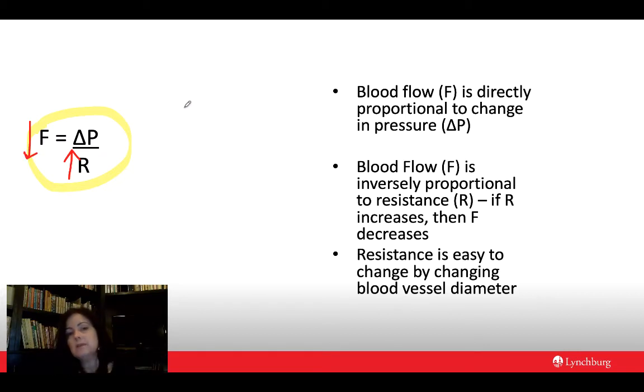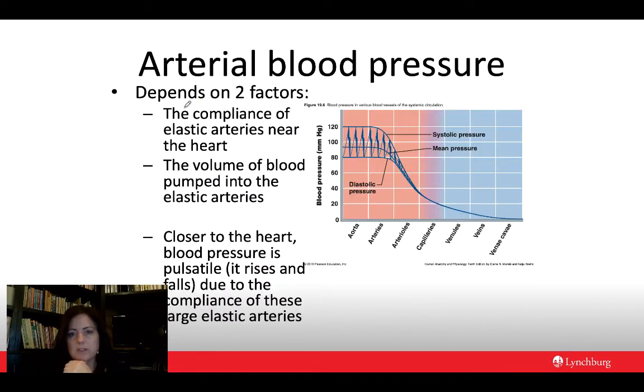And that makes sense. We used the example of the straws, right? You have the little coffee straw that you're trying to suck your coffee out of versus the big bubble tea straw. So when resistance increases, flow is going to decrease. An inverse relationship there.